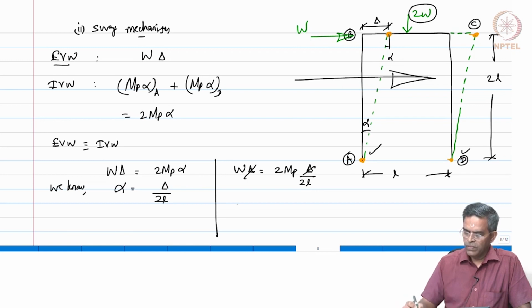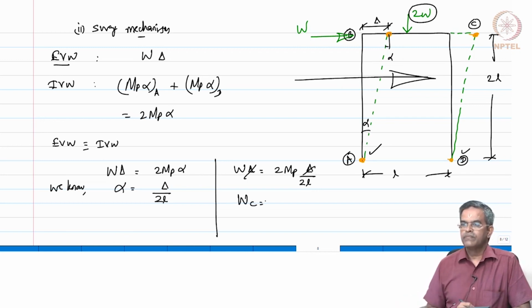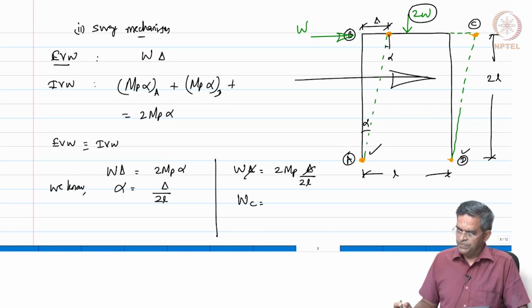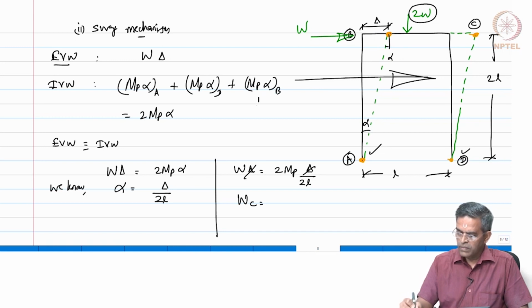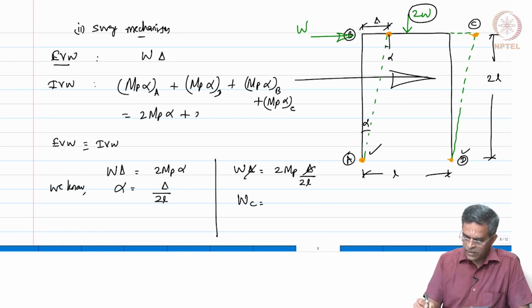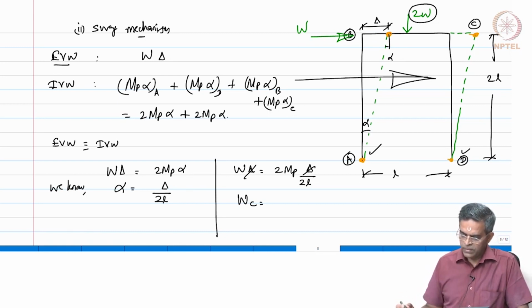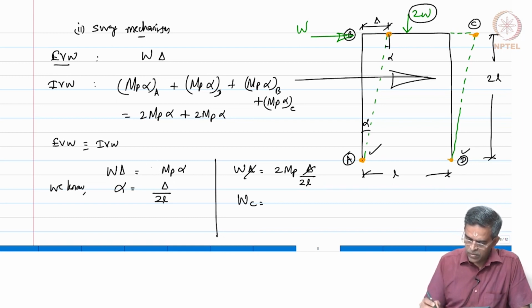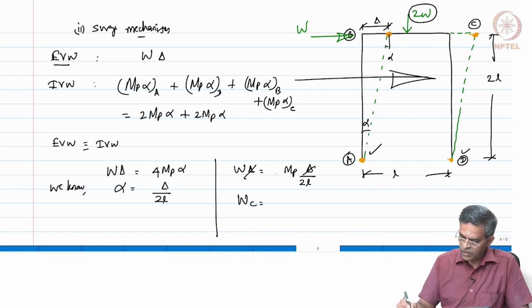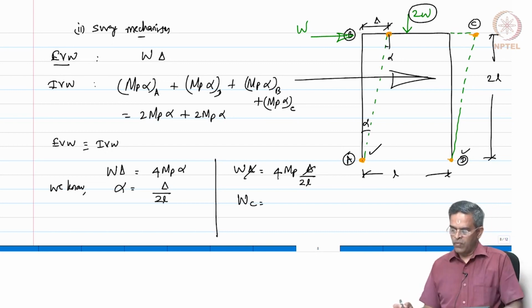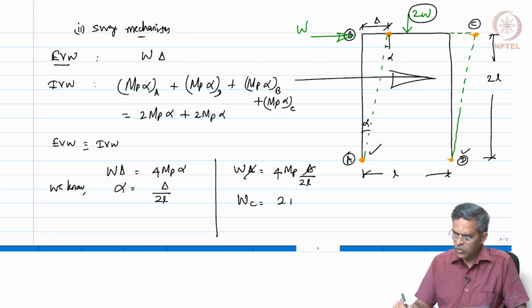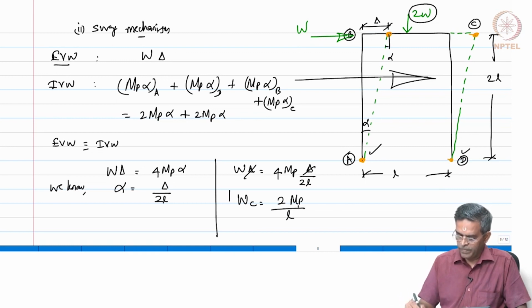So, therefore, Wc is, there will be work done at sections B and C, which is again Mp alpha plus Mp alpha at C. So, let us say this is also added to this. So, let me put this as 4 Mp. So, this becomes 4 Mp delta by 2L. So, it is 2 Mp by L.